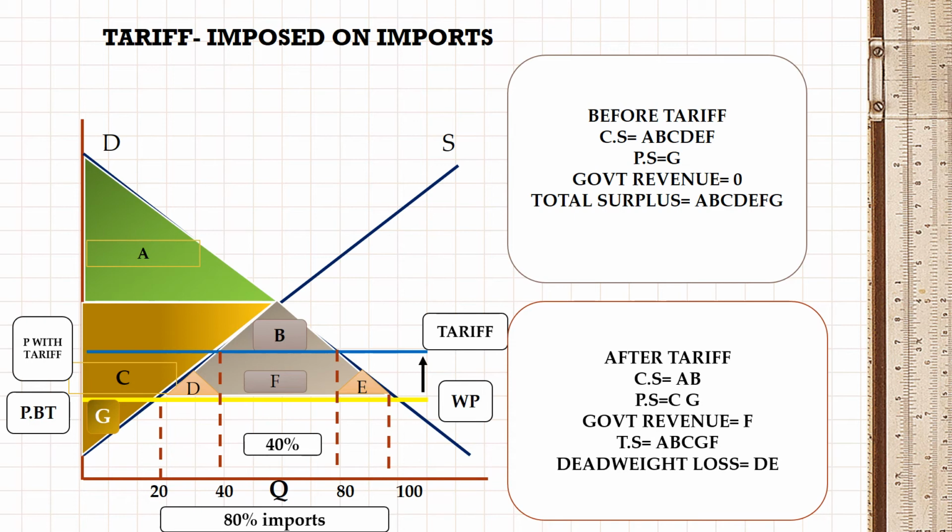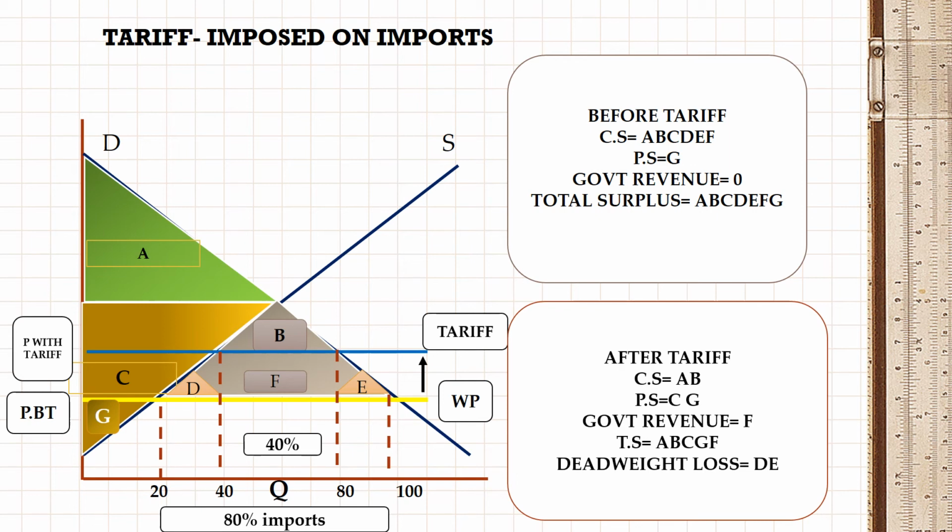So C and G is only covered whereas D, F, E is out of the supply. So government earns a revenue which is F. This is in terms of the tax levied. If the tax is 5%, that's what the government earns. So then we sum up to get total surplus. Total surplus is A, B, C, G, F.